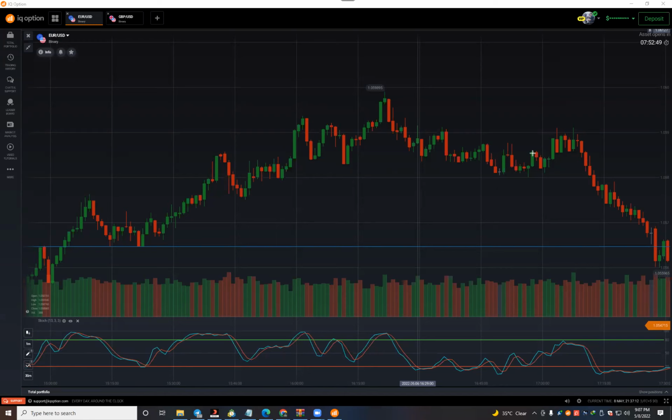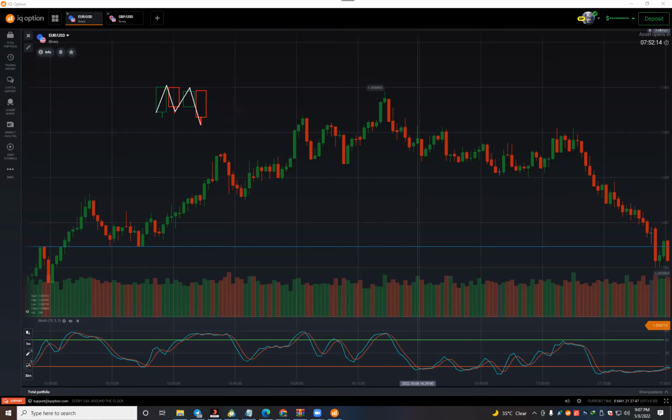Focus on the patterns. See here, if you have one candle which is green, then one candle which is red, then one green, then one red. If I draw it, price moves up, down, up, down. What is this?